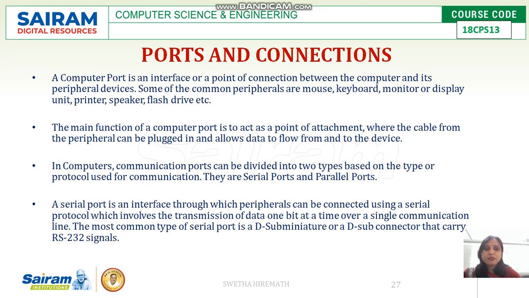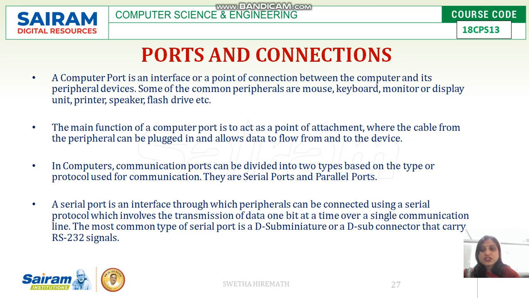The ports come in two different categories, the parallel port and the serial port. We need to know what exactly the parallel port is and what exactly the serial port is. We all know that the memory unit consists of data which is stored in terms of bits. A bit is nothing but the smallest storage unit of the memory unit, and it contains only the values zeros and ones.